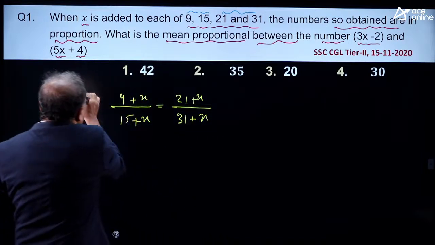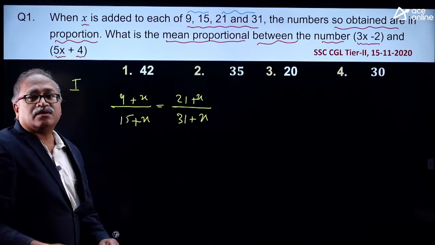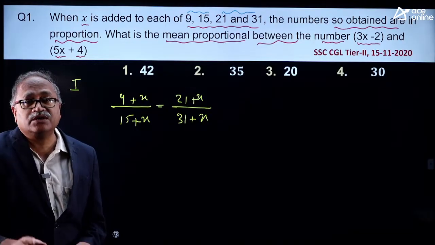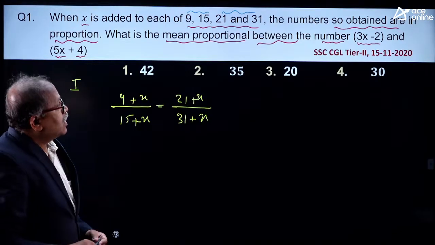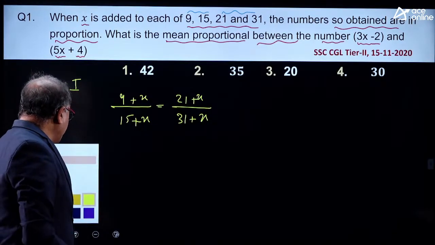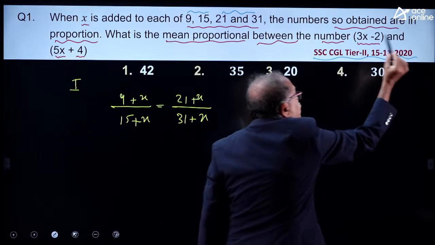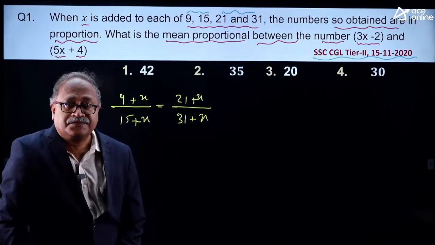This is one method through which you can answer the question, and there is an alternate method too. This type of question very frequently comes in the SSC and RRB examinations.